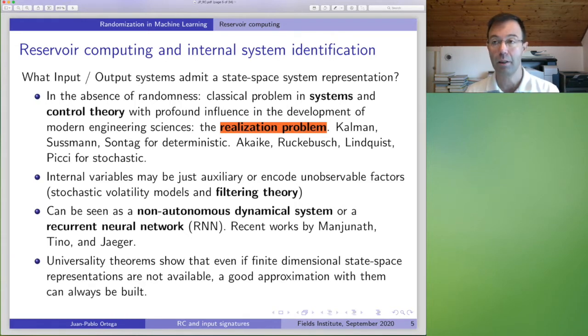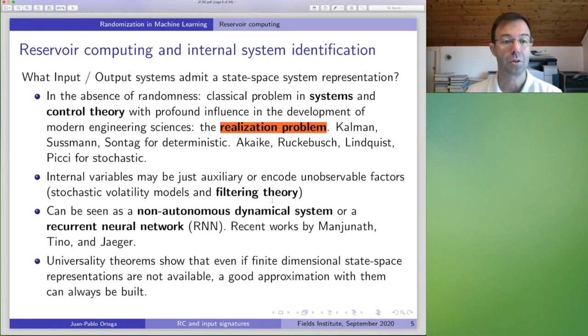So ultimately, we are not solving the realization problem in the sense that we are not proving that a given input-output system in the fading memory time invariant causal framework can be realized as a state space system. What we are actually proving is that you may not be able to realize, but you at least will be able to approximate as well as you want with one of those state space systems.